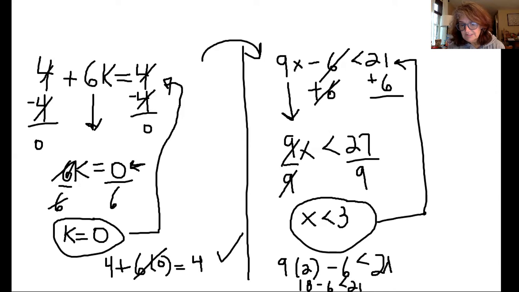I don't know if you can see this down the bottom. It might be cutting off, but 12 is less than 21, and for that reason, we know that this is the right answer. There it is, okay?